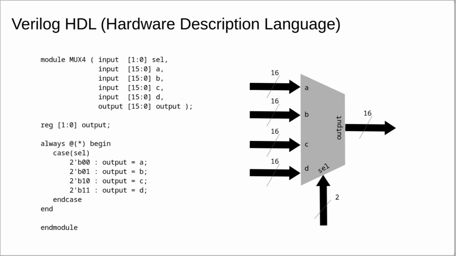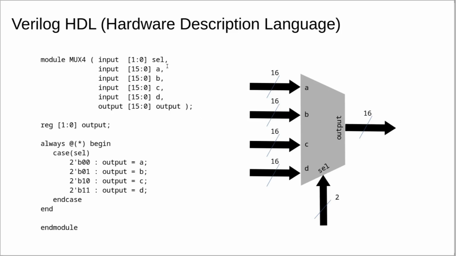On the right-hand side, you see an example of the hardware resulting from the code on the left-hand side. The details on how the mux is implemented with gates is currently not shown, but it's just shown as an example that we have an output which is 16 bits wide. We have 4 inputs, A, B, C, and D, which are 16 bits wide, and a select line which is 2 bits wide.